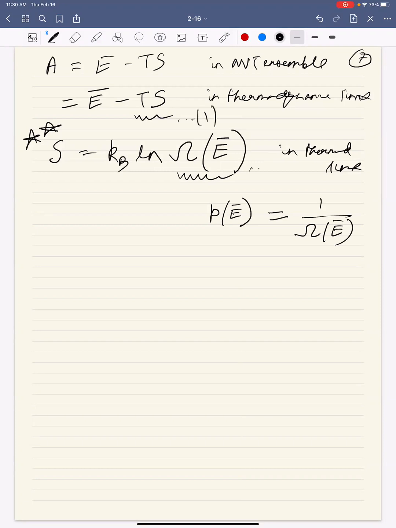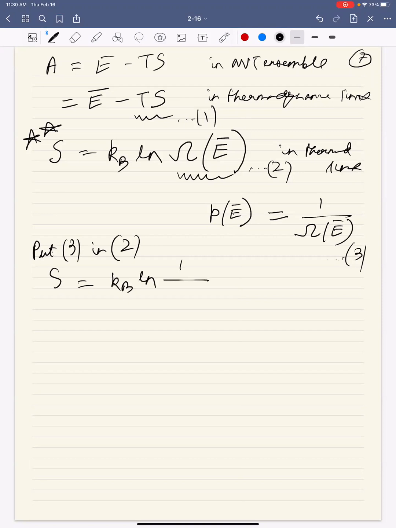This is equation number 1, this is equation number 2, this is equation number 3. So put 3 in 2. Then S is equal to KB ln 1 over P of E bar, and that is minus KB ln P of E bar.